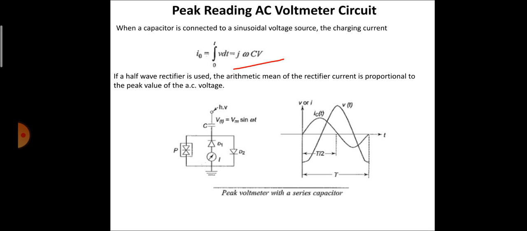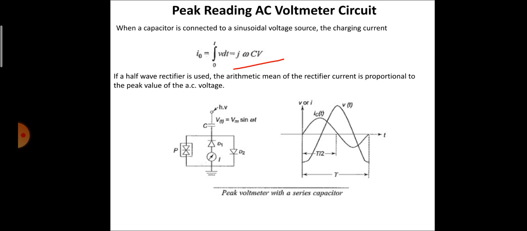You can see here I have shown the schematic arrangement. The DC meter reading is proportional to the peak value Vm.